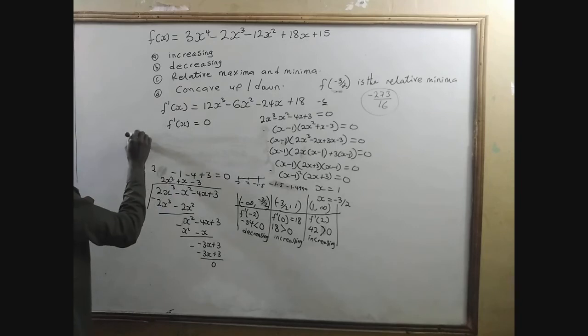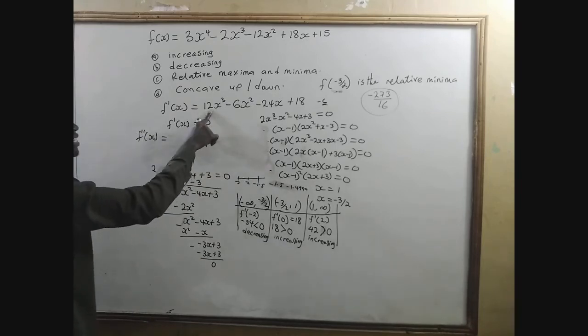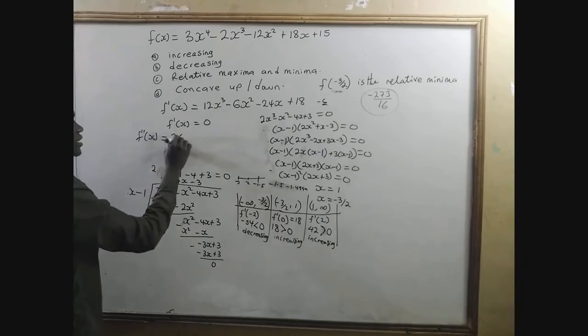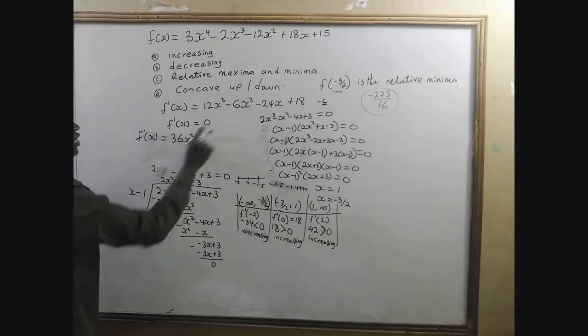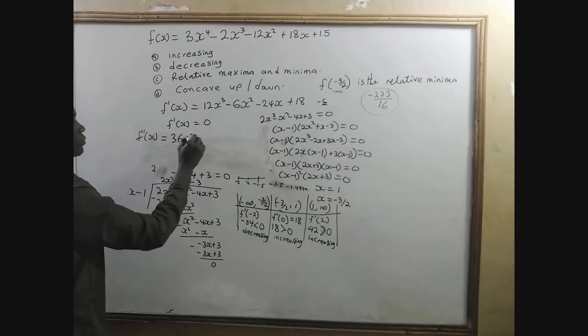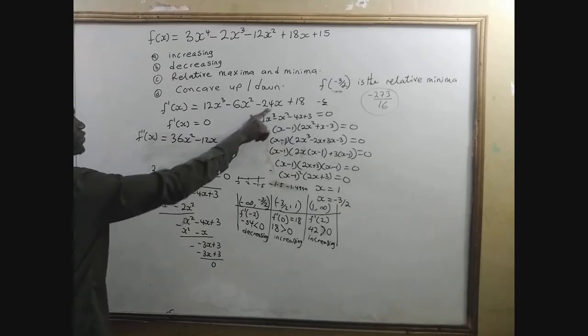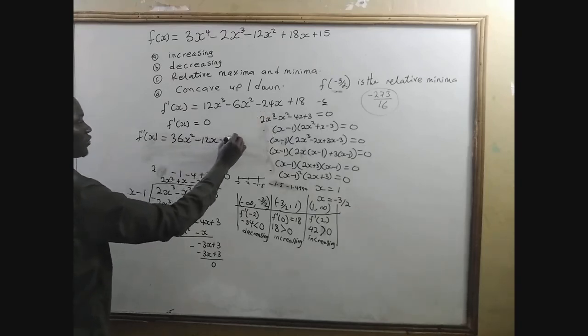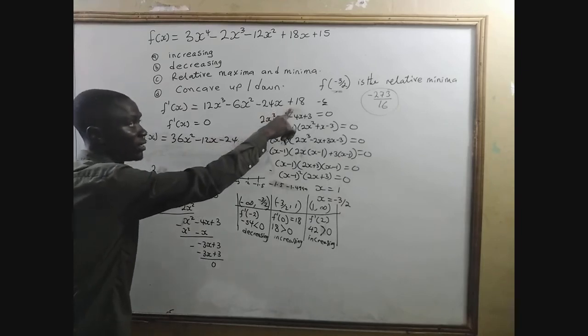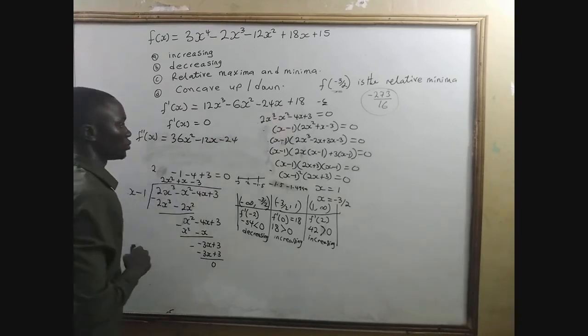Now, f double prime of x equals, if we differentiate 4x cubed, we get 36x squared. If we differentiate minus 6x squared, we get minus 12x. If we differentiate minus 24x, we get minus 24. If we differentiate positive 18, which is a constant, we get 0.